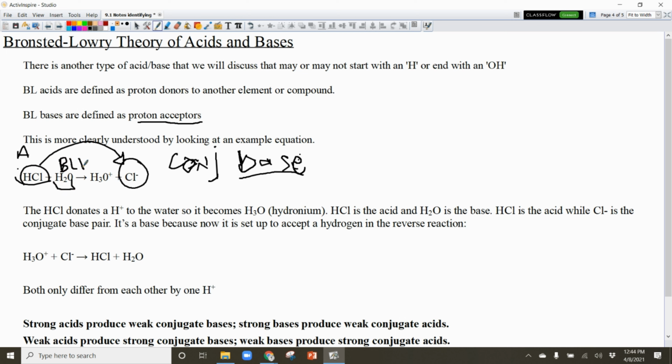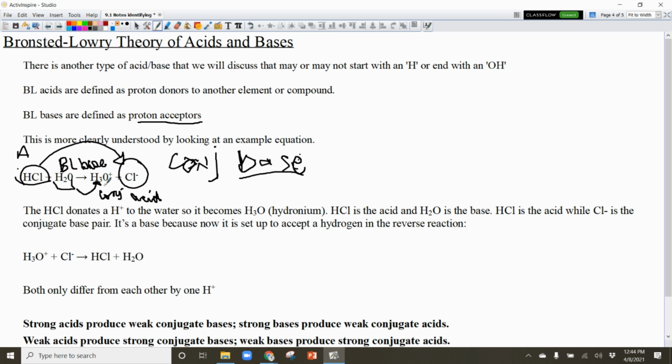base, okay? And its counterpart right here is its conjugate acid, okay? Because if we were going the other way with this, then this H3O could give up a hydrogen back to the OH here.